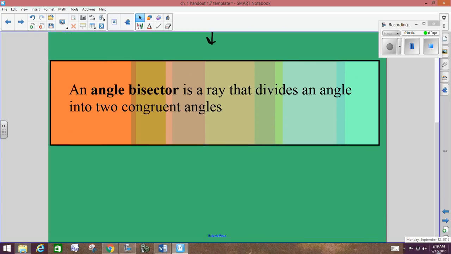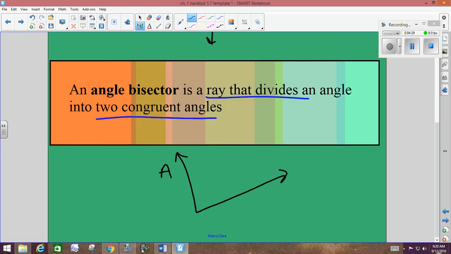Angle bisector is a ray that divides an angle into two congruent angles. Angle ABC, we'll say that ray BX is an angle bisector.